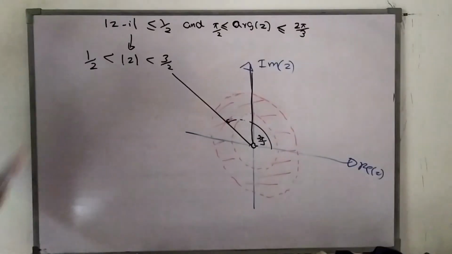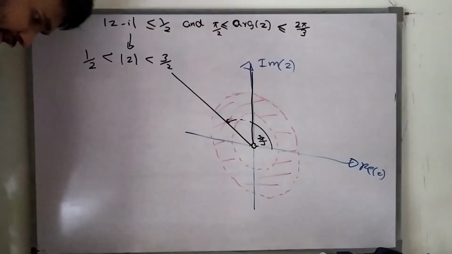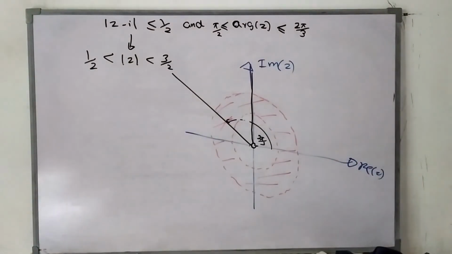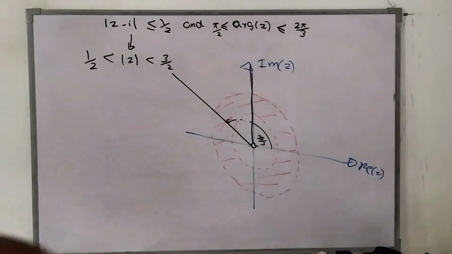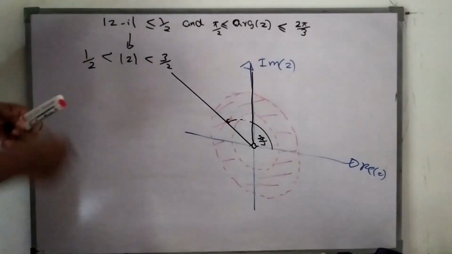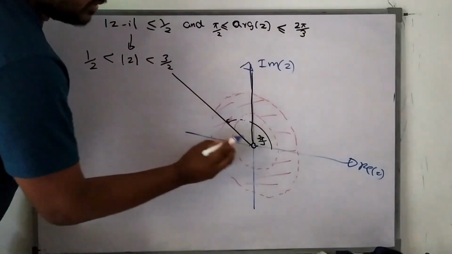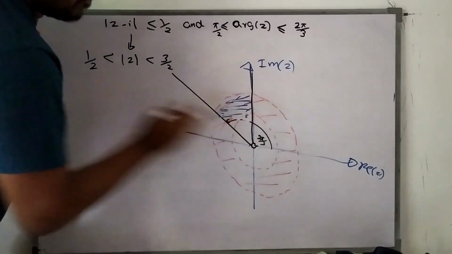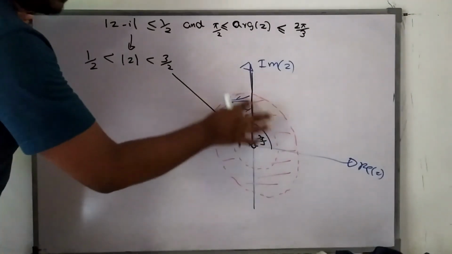So what we have to do, we have to shade the common region. We have to shade the common region. So basically the common region is this all, right? But not for that lines.